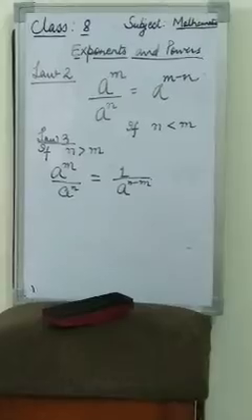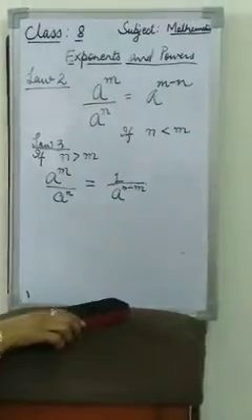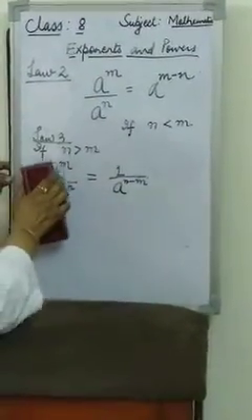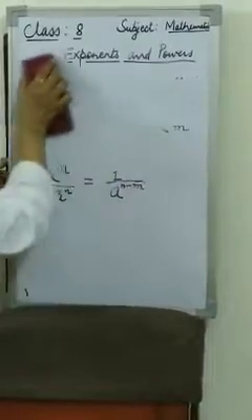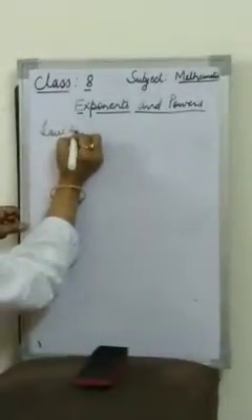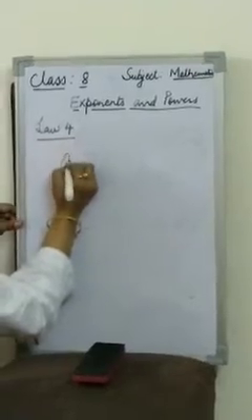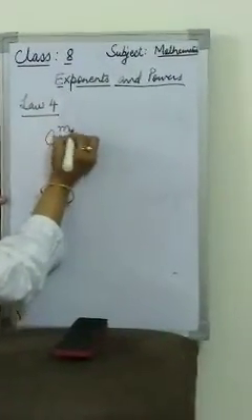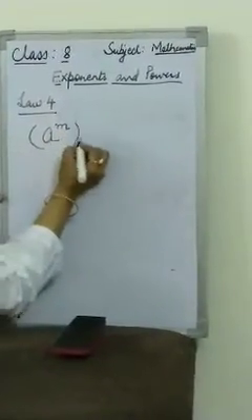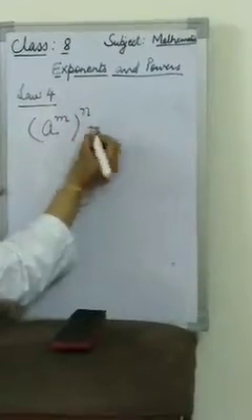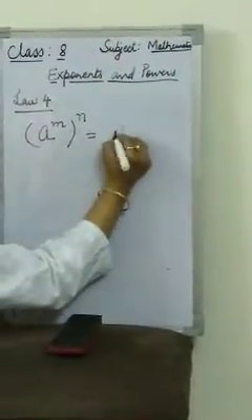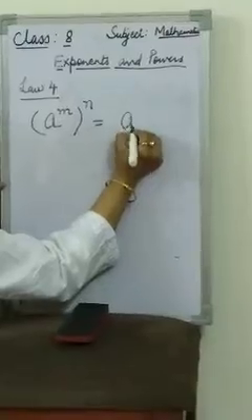Then we come to the fourth law, that is based on power on power. If we have a base a to the power m, and again it has power n, that is power on power, then we multiply the powers.